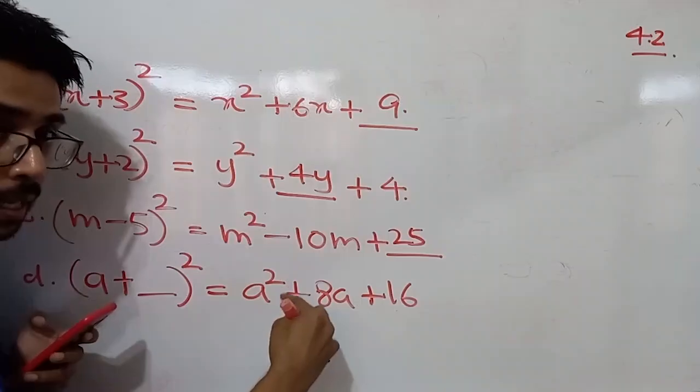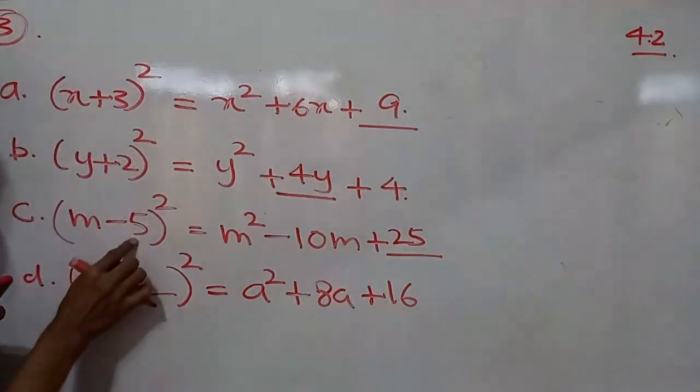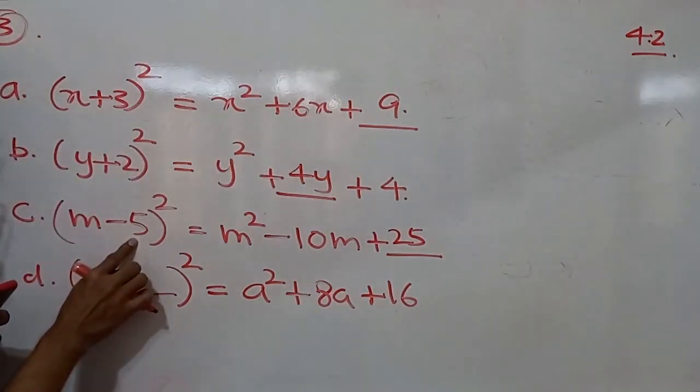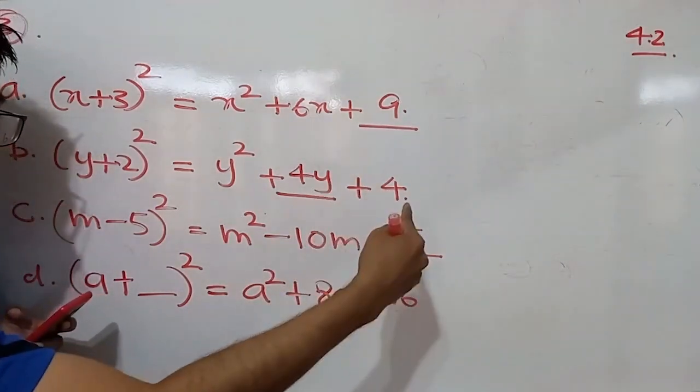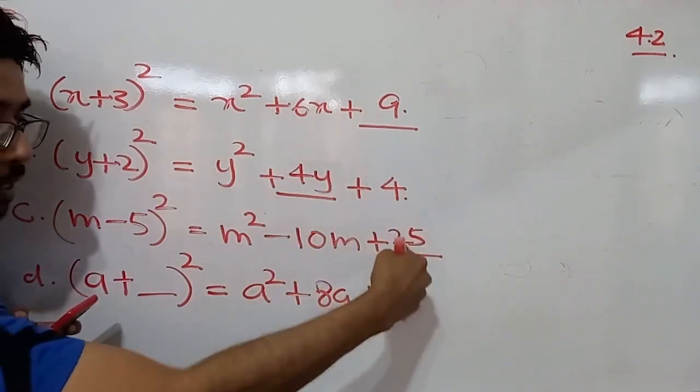Square the last term, no? See here, we have negative 5. So how do we get the last term? 5 times 5, 25. Negative into negative, positive 25.